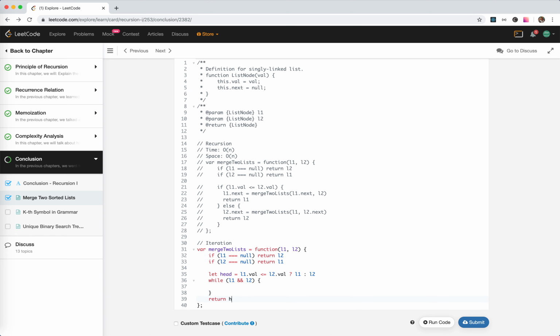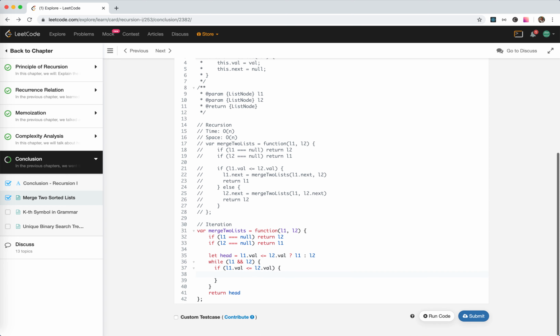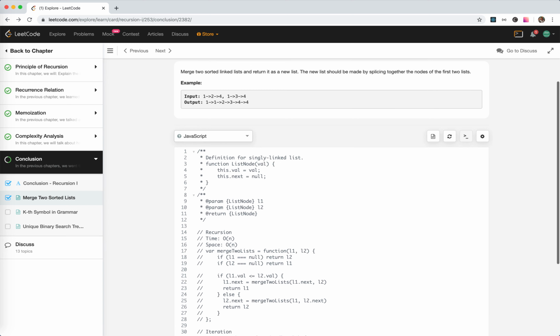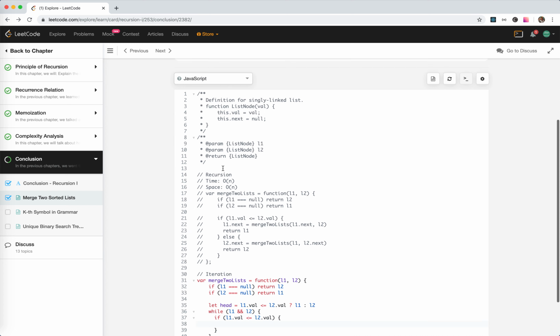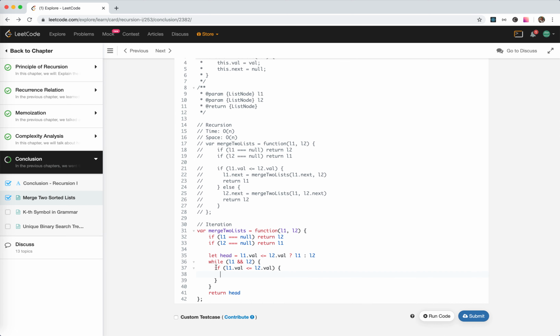If L1 val is smaller than L2 val, then we'll update the linked list, right? So it's smaller, L1.